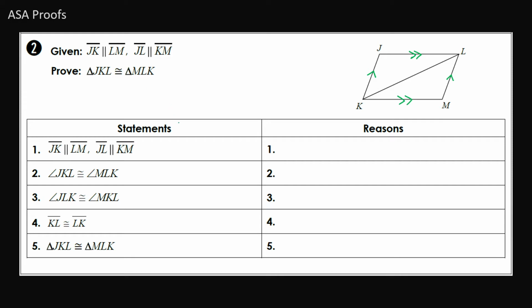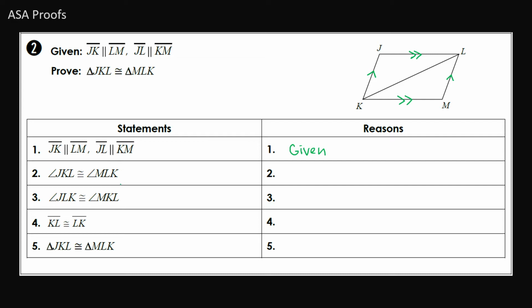This is going to be a little tricky just because we don't have any congruent sides or angles yet. So for our first statement, let's just start with our given information. These two pairs of sides are parallel. That is given as our reason. Then it looks like we're going to prove that some angles are congruent.